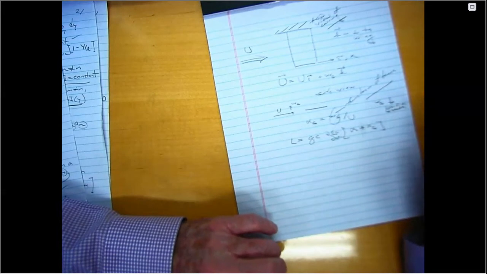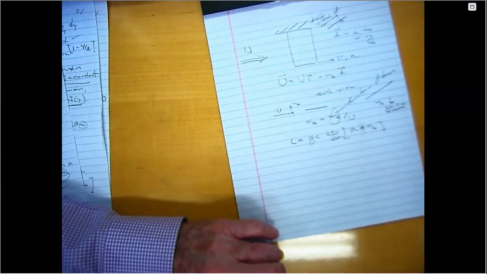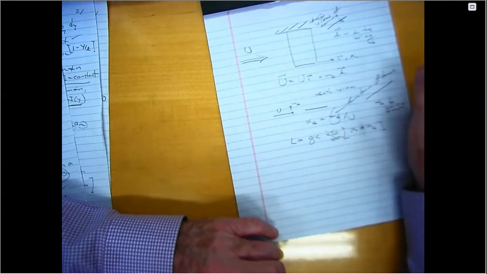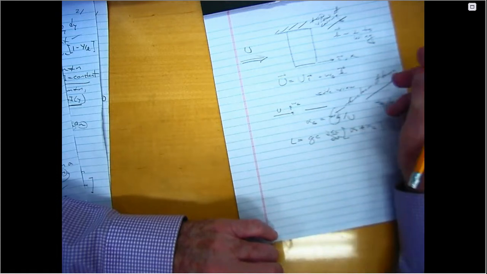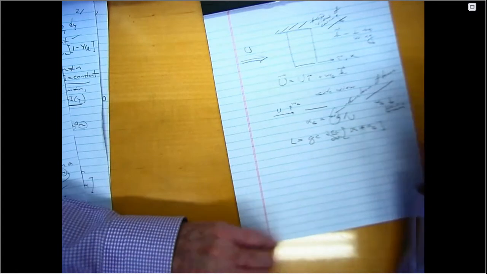Or you can let W_G be a random function of time. There's a whole methodology and machinery associated with treating the gust as a random function of time, and then you try to compute the random response, and so we need to talk about that.